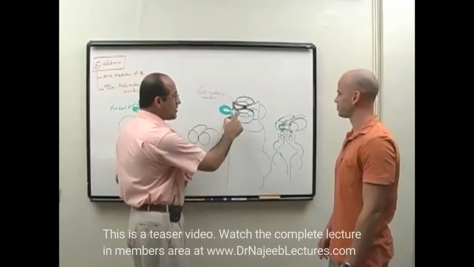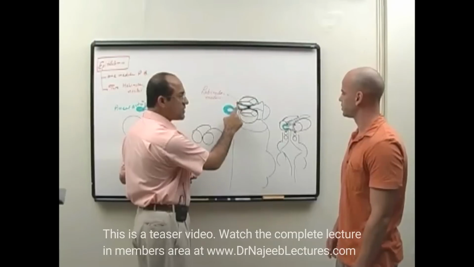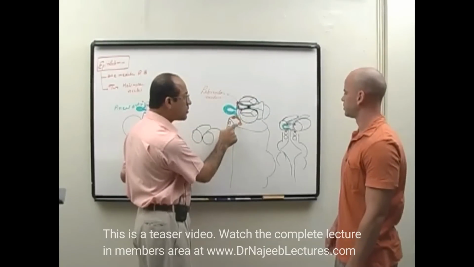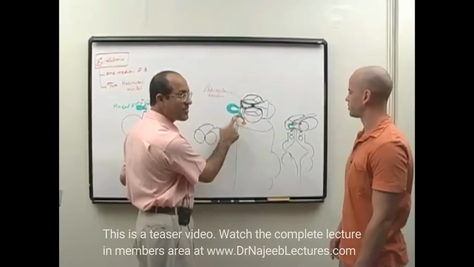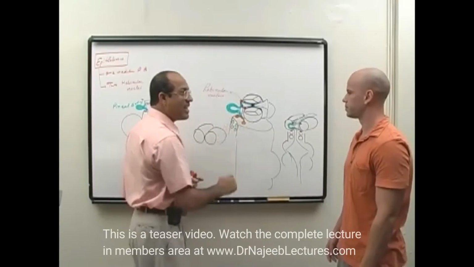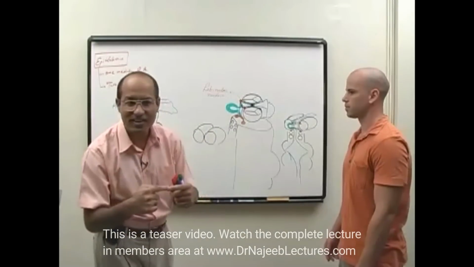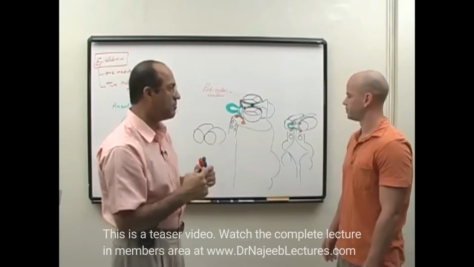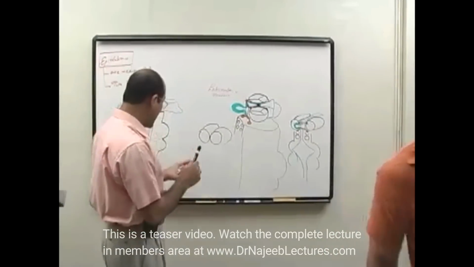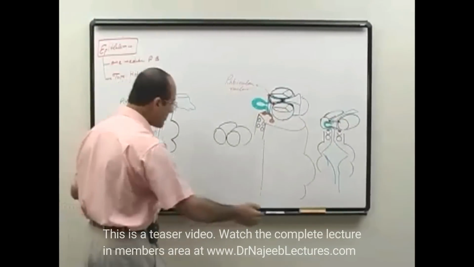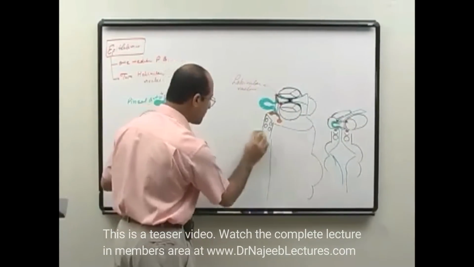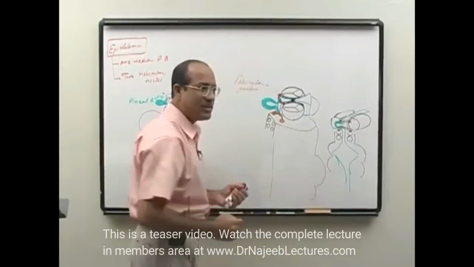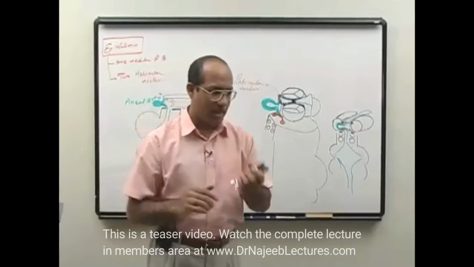So habenular commissure is in between habenular nuclei. Posterior commissure is in between pretectal nuclei. Anterior commissure is in between temporal lobe. Have a seat, please. I need to make a diagram here. Listen.